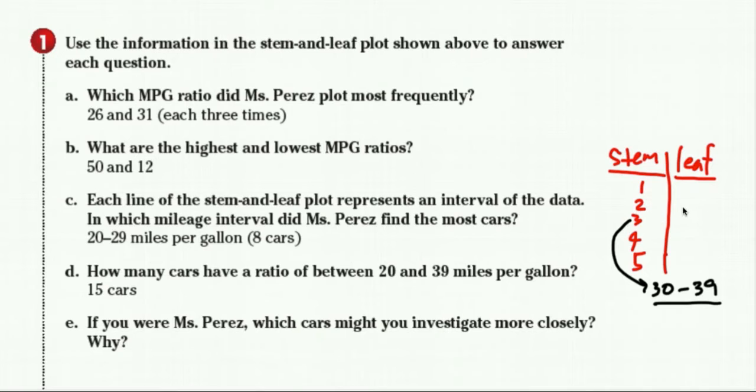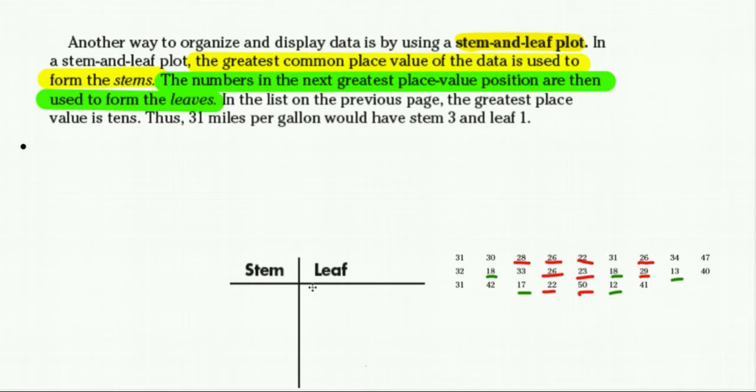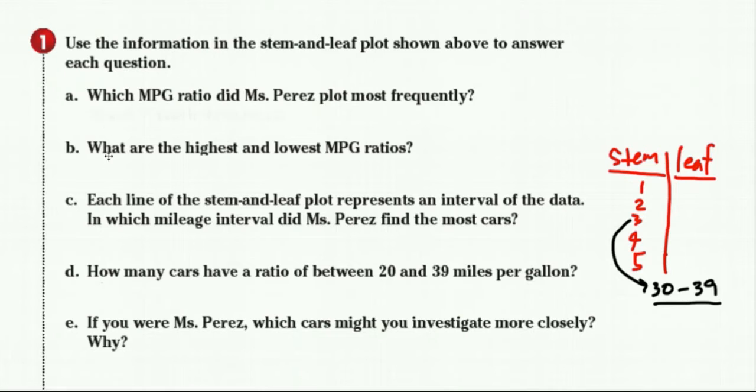So you count the number of cars in the 20 to 29 interval and the 30 to 39 interval, which will be 15 cars. Right here and right there, there are 15 cars: 1, 2, 3, 4, 5, 6, 7, 8, 9, 10, 11, 12, 13, 14, and 15.